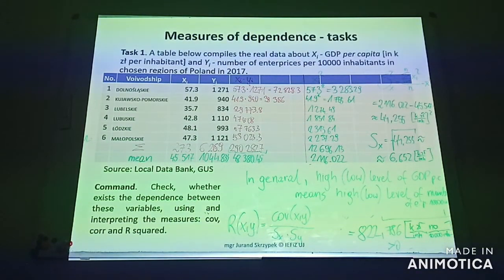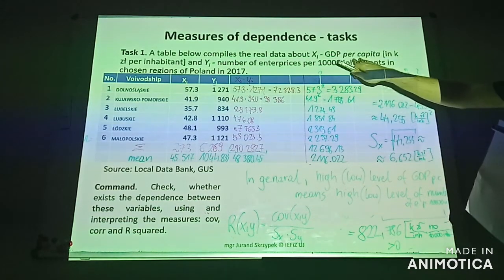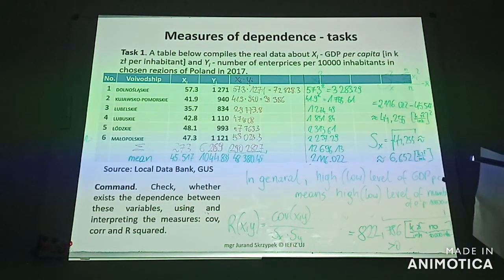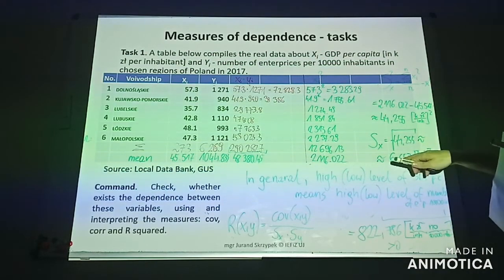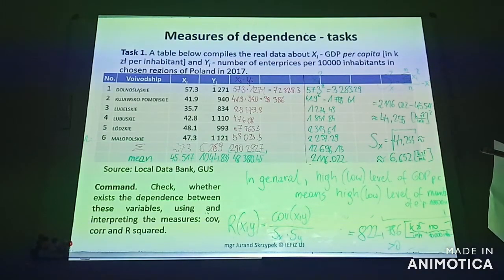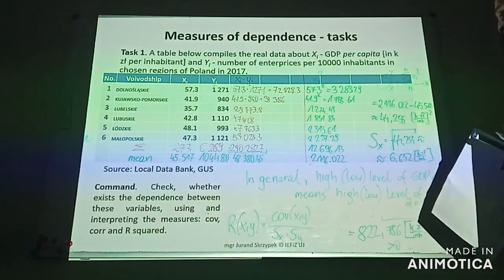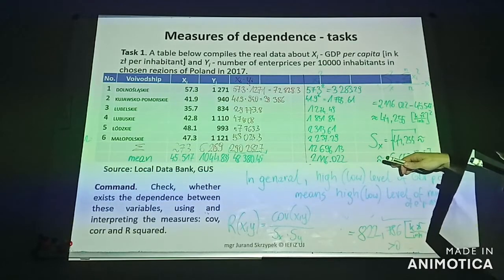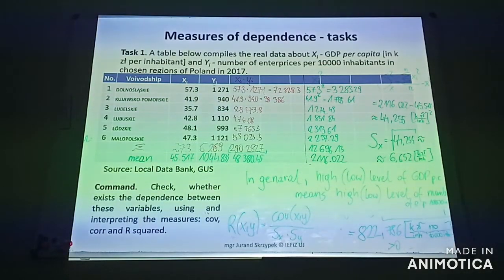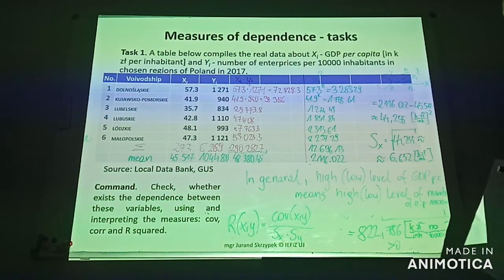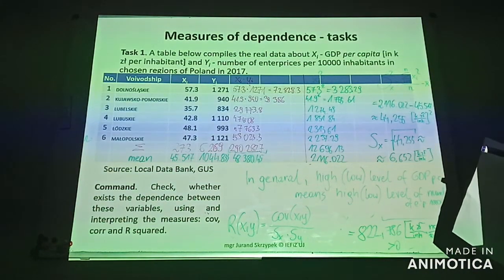Yeah, so it means that the average deviation of GDP per capita values from the mean is around 6.7 thousand zlotys per inhabitant. Yeah, the average deviation of GDP per capita in chosen regions in Poland from their mean is around 6.7 thousand zlotys per inhabitant.